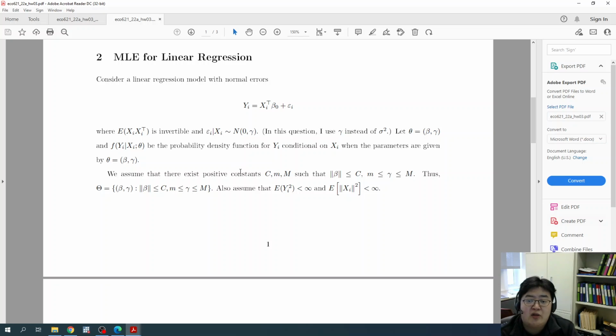Then what we are interested in is the probability density for y conditional on x. X is an exogenous variable, so we are not interested in the distribution of x. We are only interested in the distribution of y conditional on x, which is a normal distribution with mean x beta 0 and variance gamma.